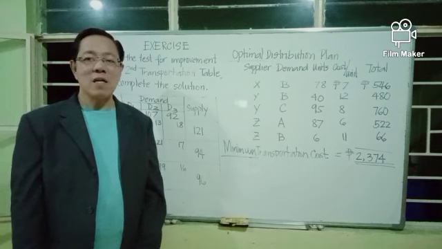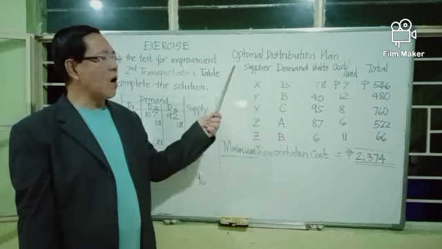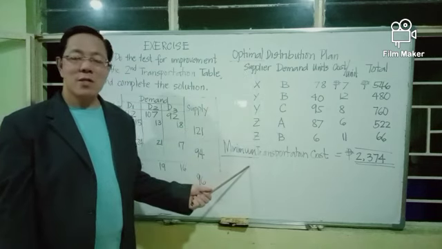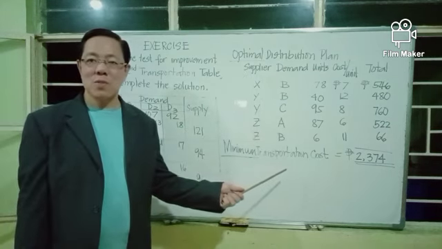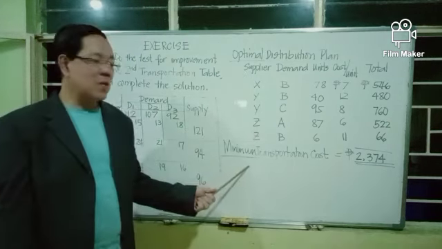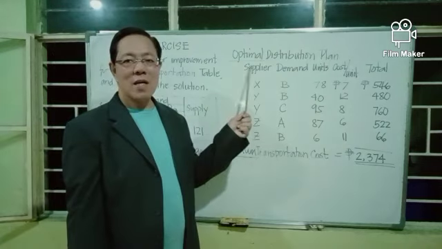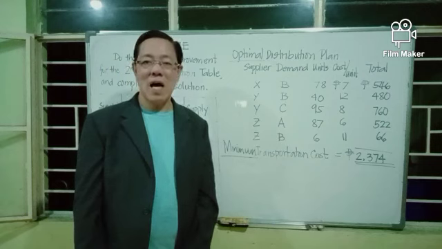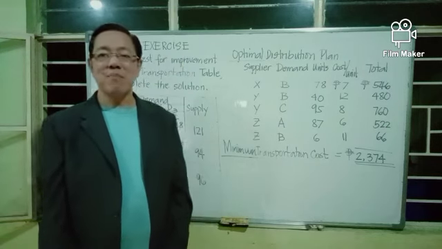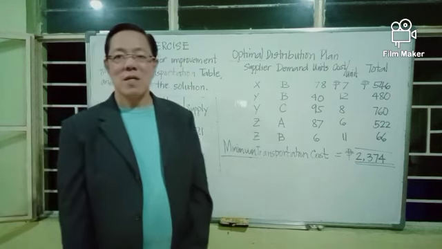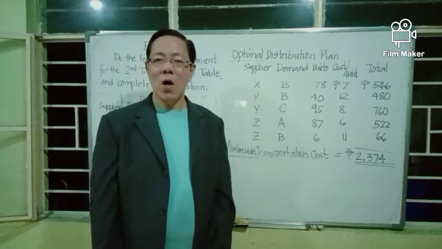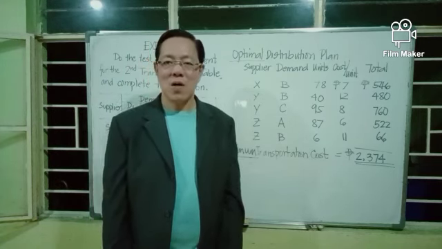The final answer should be given as optimal distribution plan. And the transportation cost at the bottom should be written as minimum transportation cost. Again, the optimal distribution plan is the same as the last distribution plan before the test for improvement in which you get all positive net cell cost.